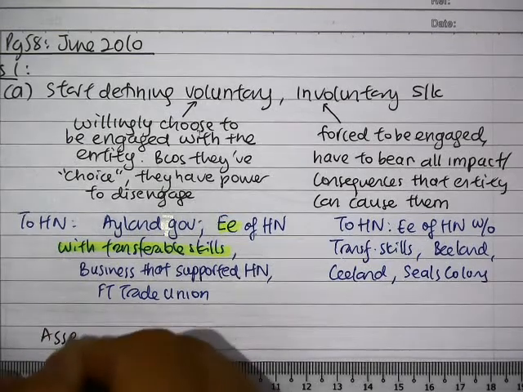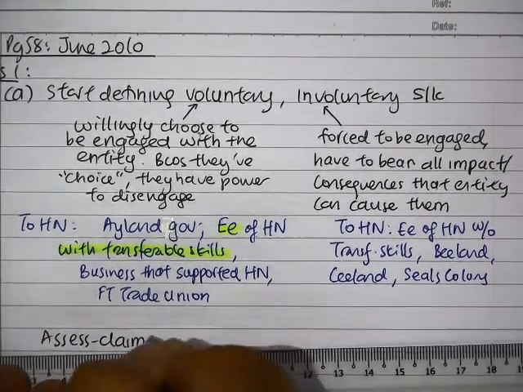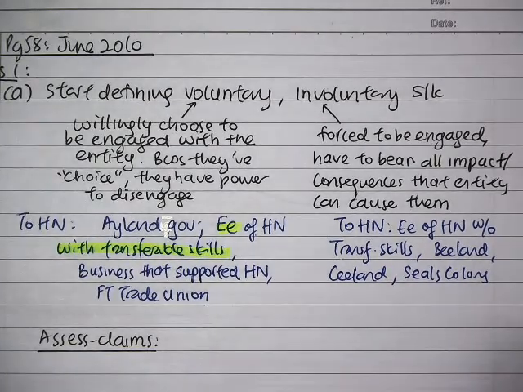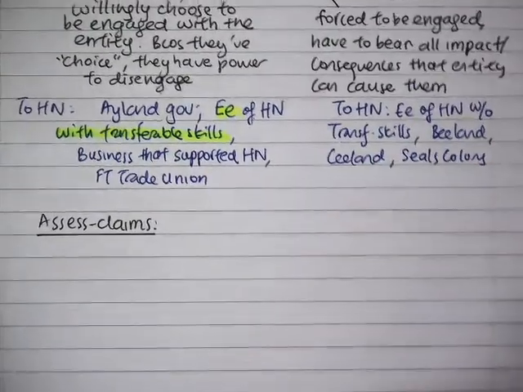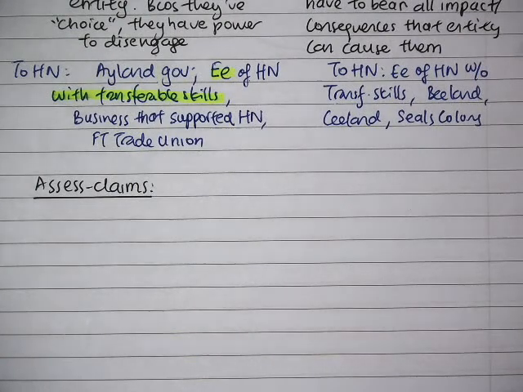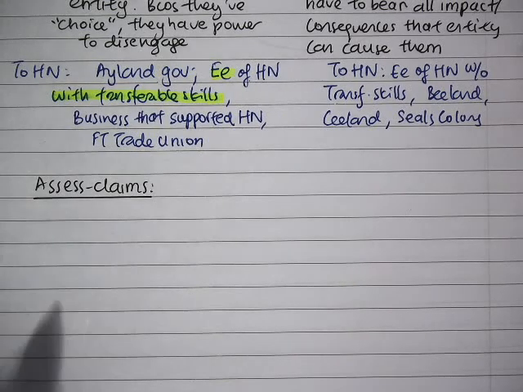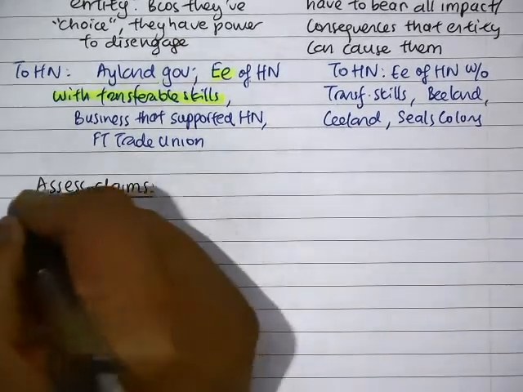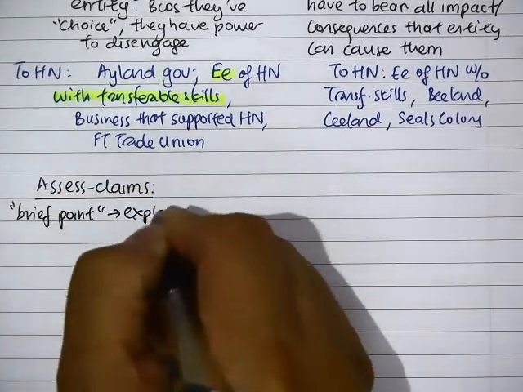And one more, remember I told you that involuntary includes environment, includes future generation, includes dogs, chickens, correct? No? So now examiner gave you an example of what? Seal. The seal colony. Okay, the seal colony. Now these are all examples of involuntary, because these are people that they have no choices. Okay, they have no choices.